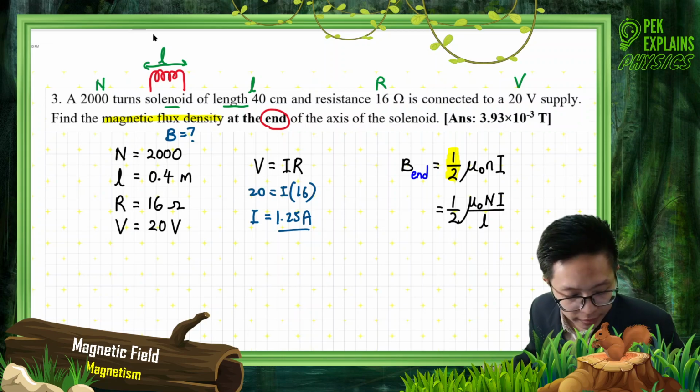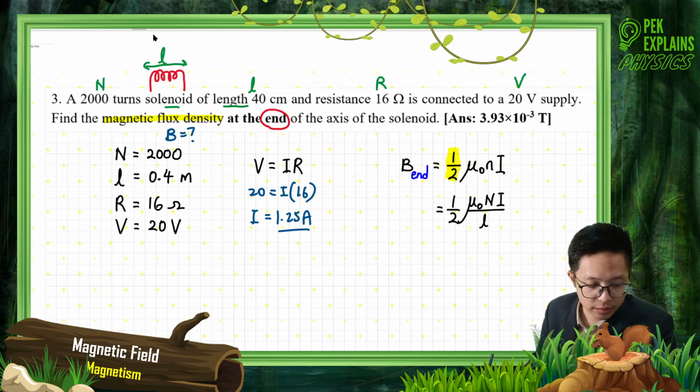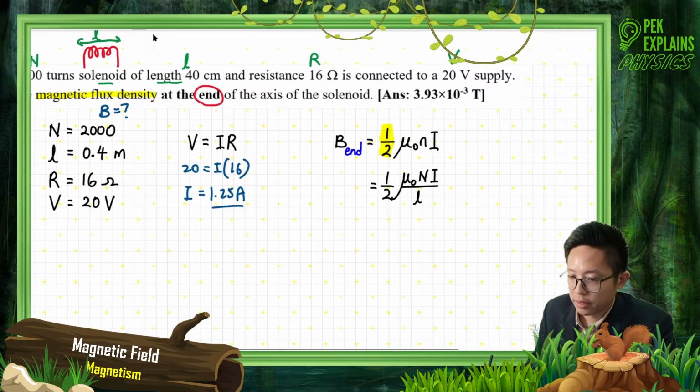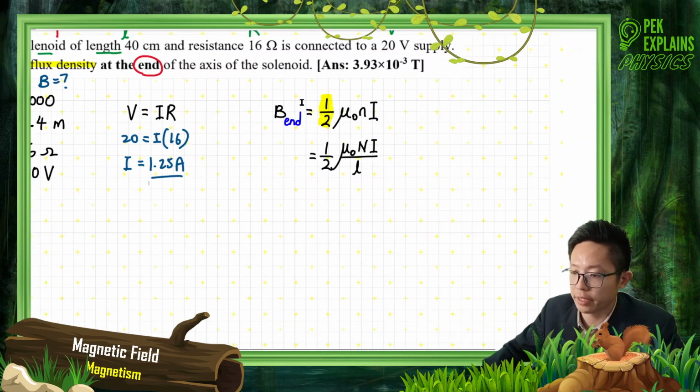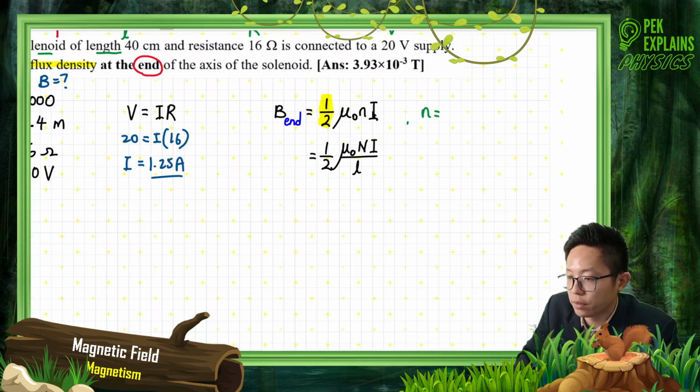That's the current. Now, the next one. The n over here is the small n, which is total turns divided by total length.